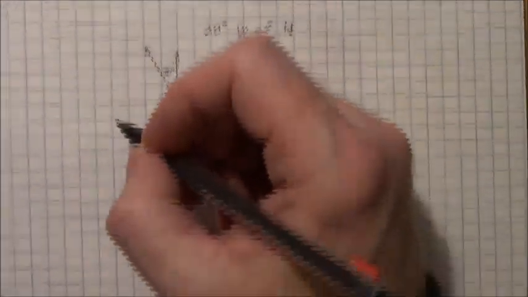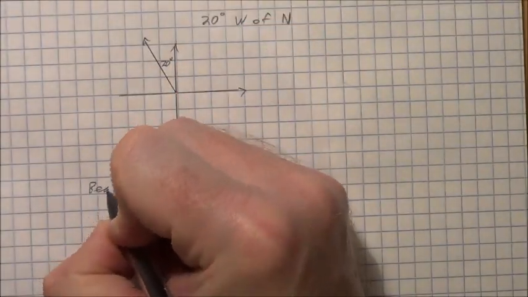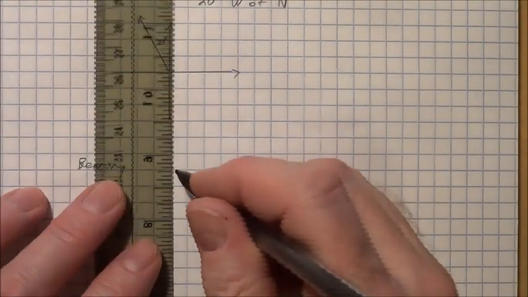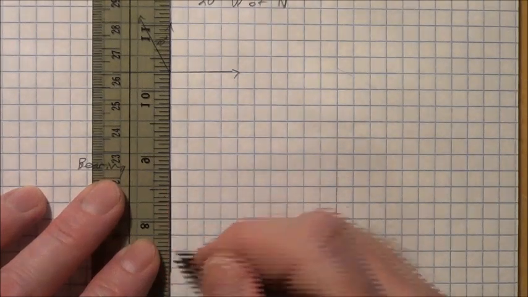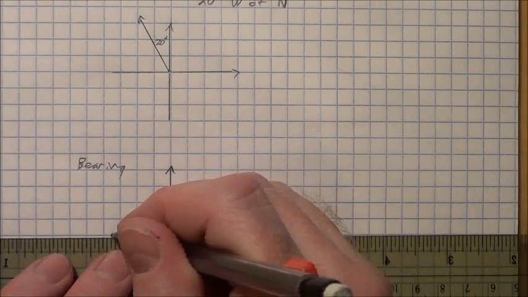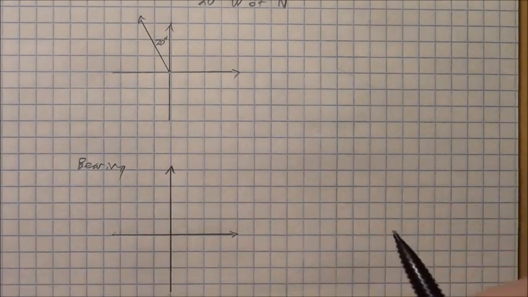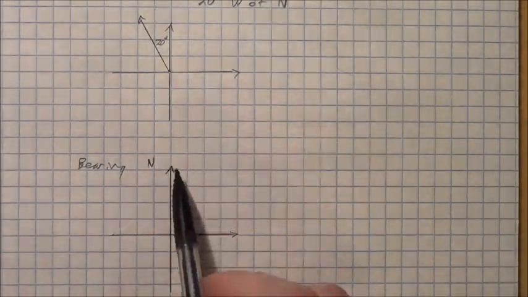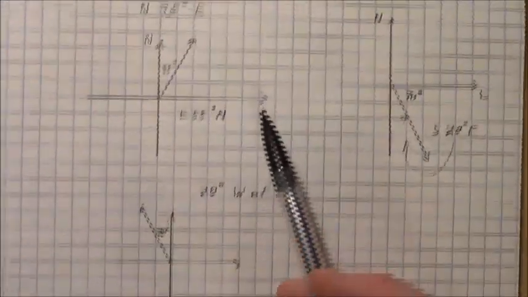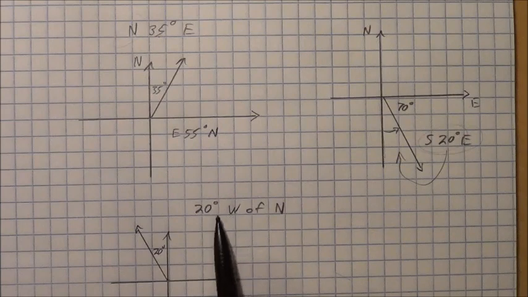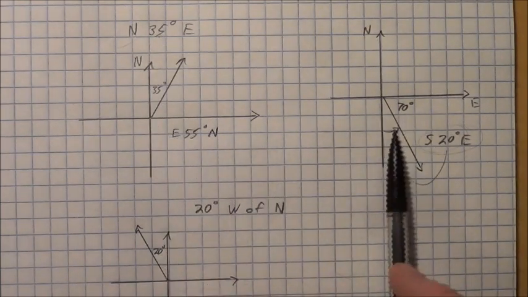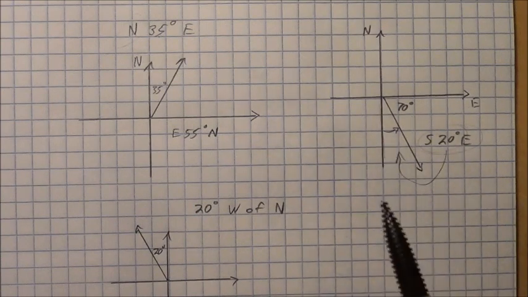When we talk about bearing, bearings are stated as three-digit values, and they always start at north. So with the cardinal directions we're going from basically north or south, and then we're taking our angle from there.